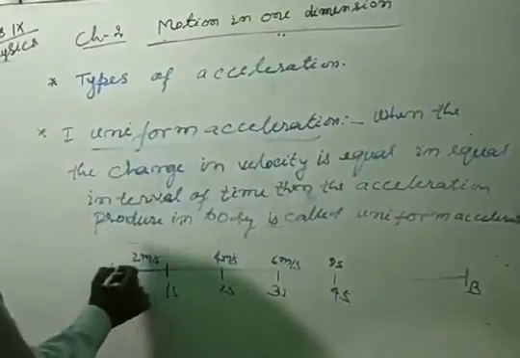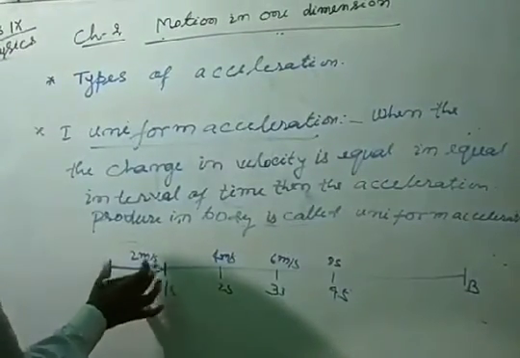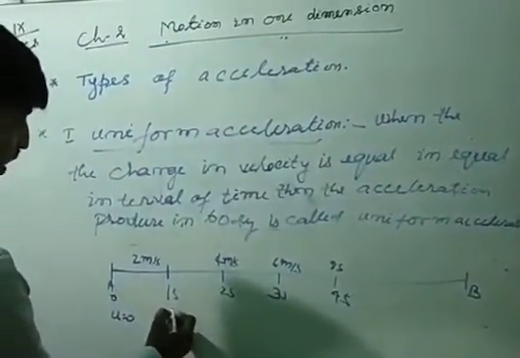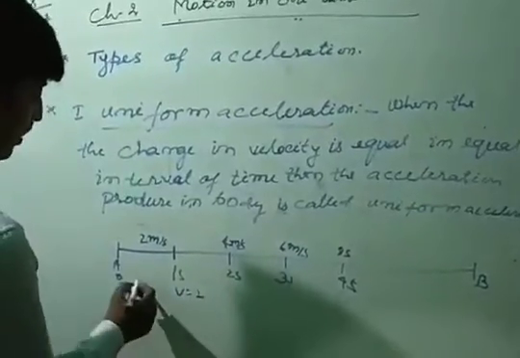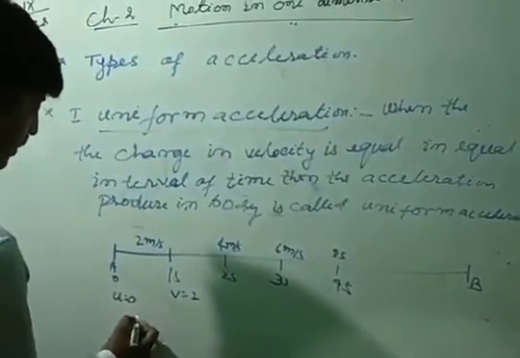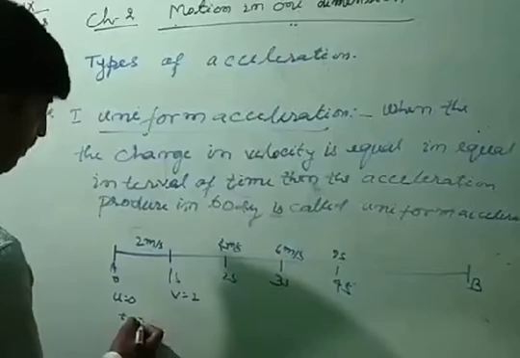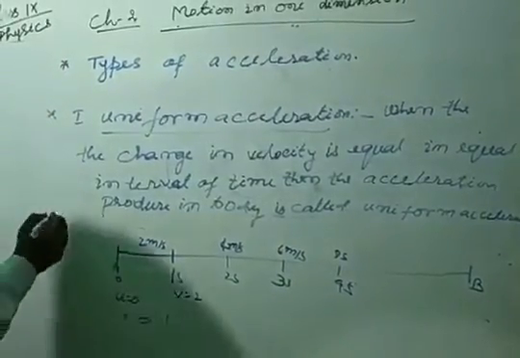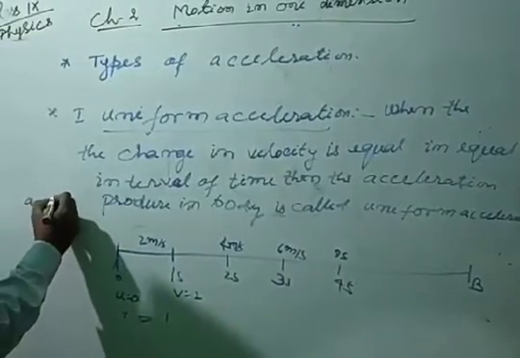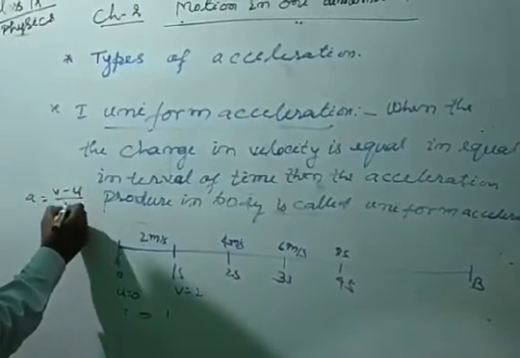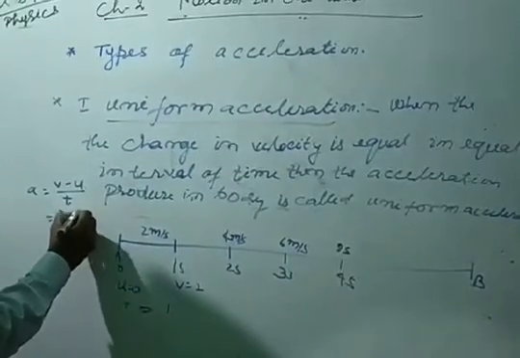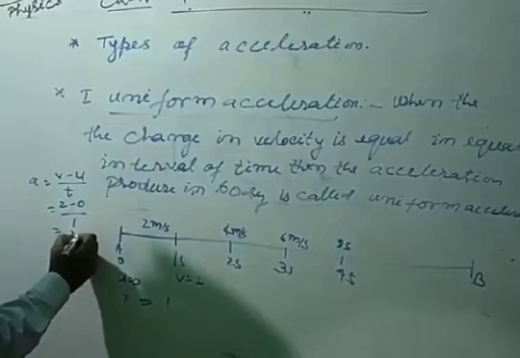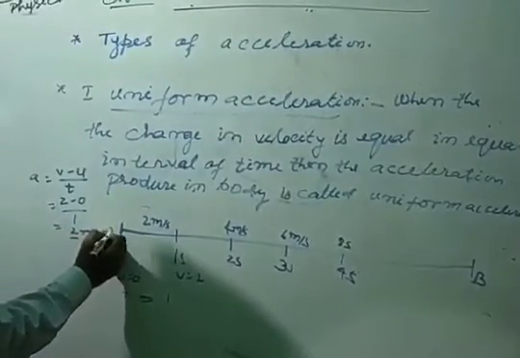So here at the end of the first second, the initial velocity u is equal to 0 and the final velocity v is equal to 2. Time interval t is 1 second. So acceleration is equal to v minus u by t, means 2 minus 0 by 1, which is 2 meter per second square.